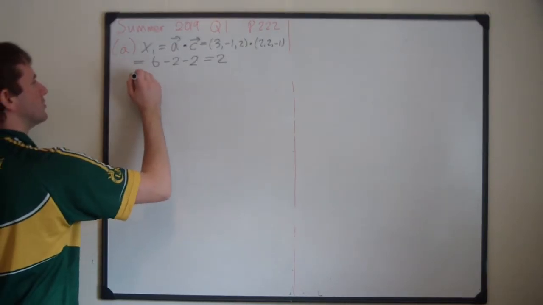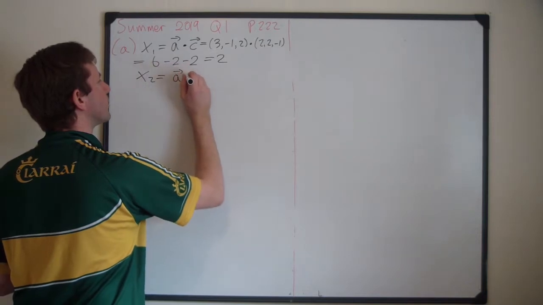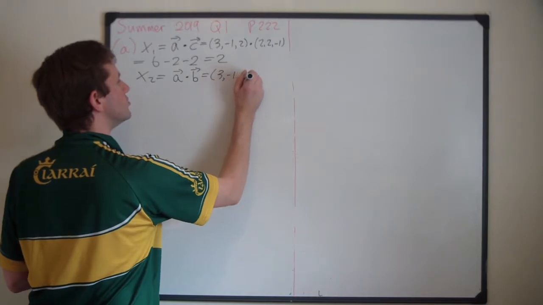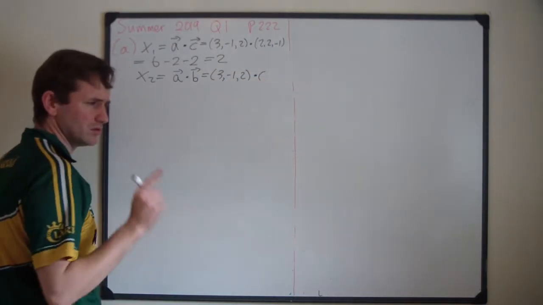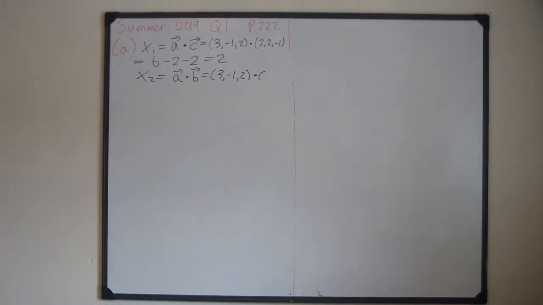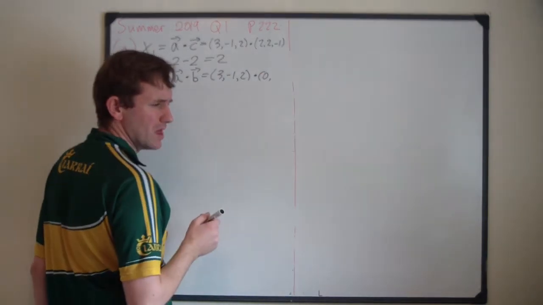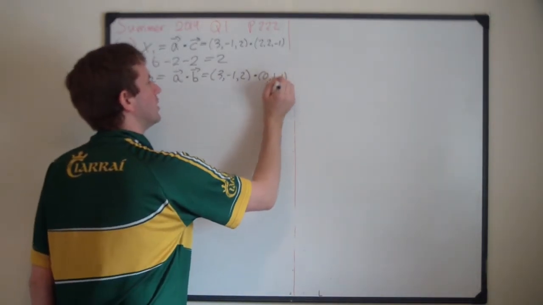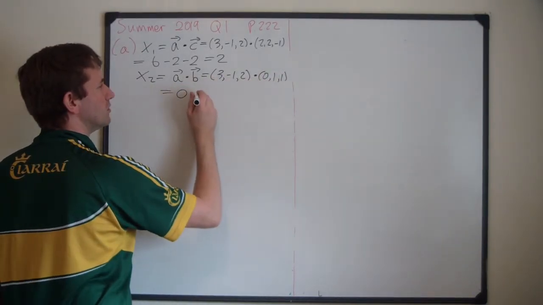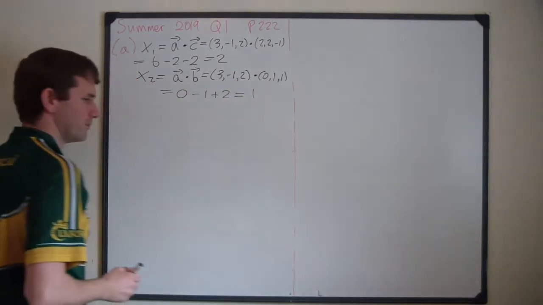Done. x2 is A dot B. A is still 3, minus 1, 2, and B is, now there's no i there, so that means it's 0 along the x direction, 0i, and then 1j, 1k. So we end up with 3 by 0 is 0, plus minus 1 by 1 is minus 1, plus 2 by 1 is 2. So 2 minus 1 is equal to 1.